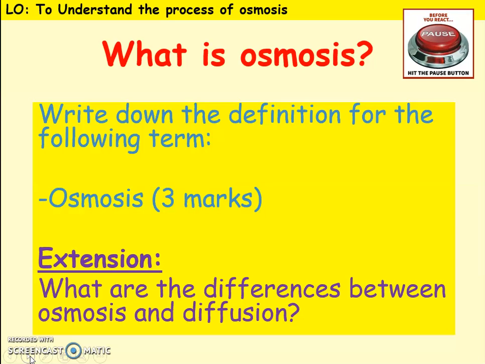If you said semi-permeable, that's also the same as partially. That will get you up to 3 marks in an exam, but sometimes it might only be 2. And then, if you can, please make a note of the differences between osmosis and diffusion, because this does come up quite often in exam questions.